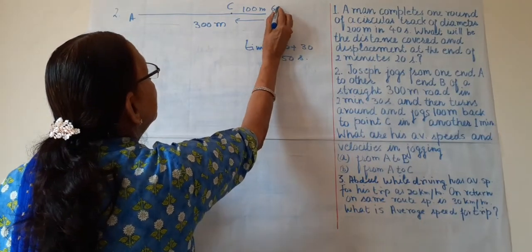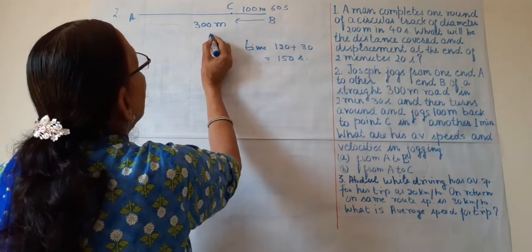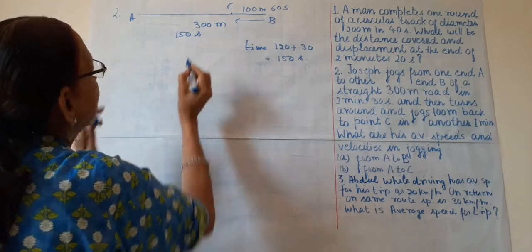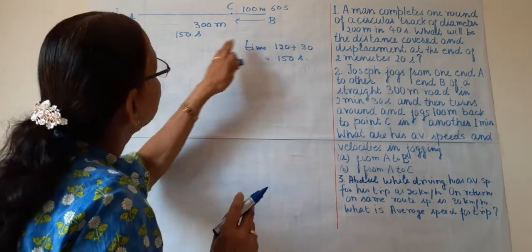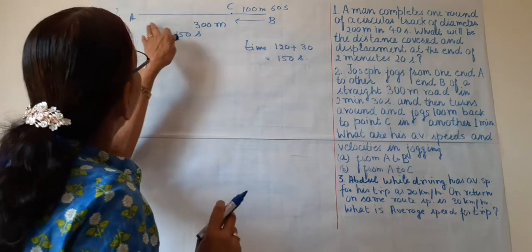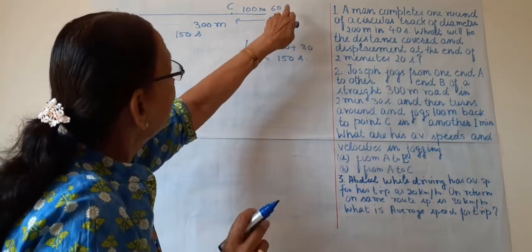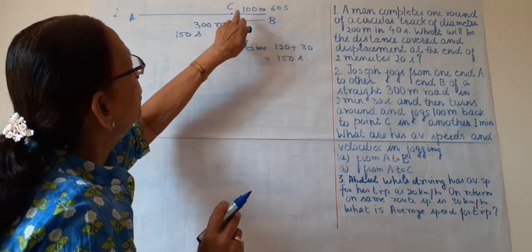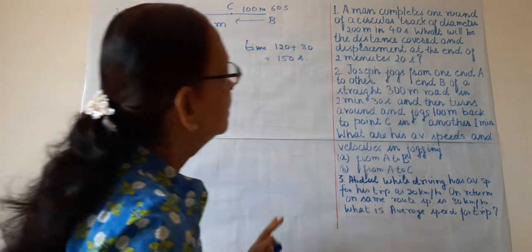So here the time is 60 seconds and for the first part the time is 150 seconds. He took 150 seconds going from A to B and 60 seconds going from B to C. Is this clear?